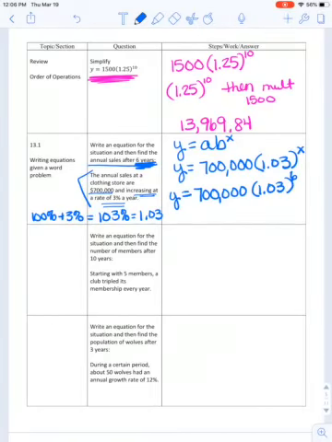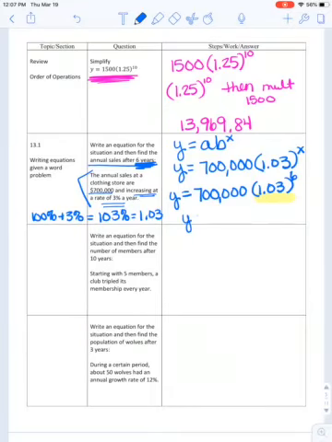Again, if you're using your graphing calculator, there may be a few others where you can put it all in at once. I'm not as familiar with all the calculators, but if you plug that in all at once, or just do 1.03 to the 6th power, then take that answer, do that part first, then take that answer times 700,000.